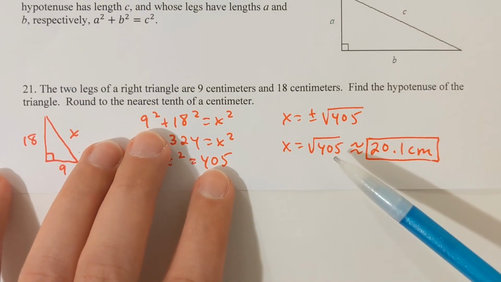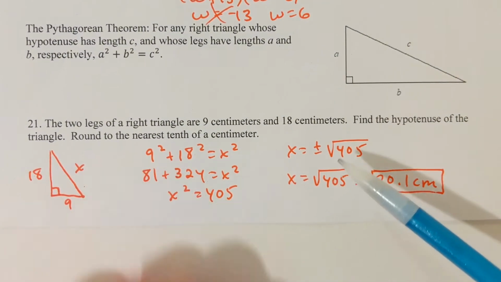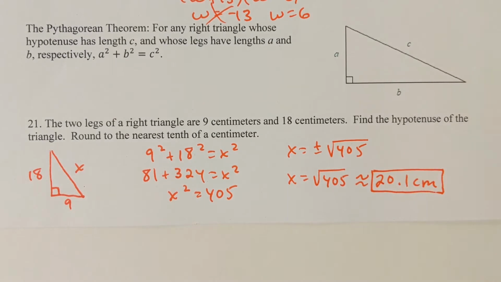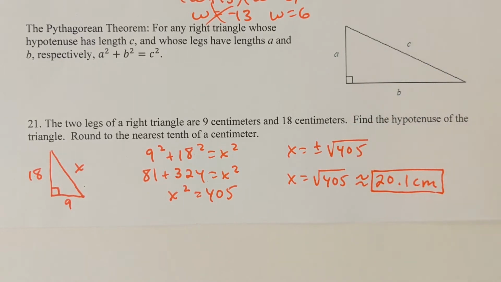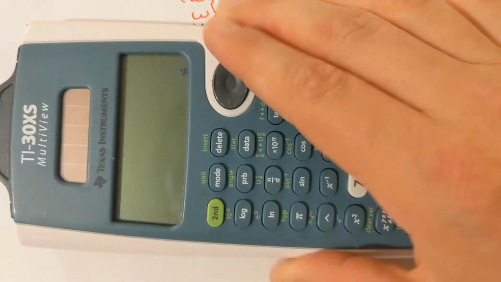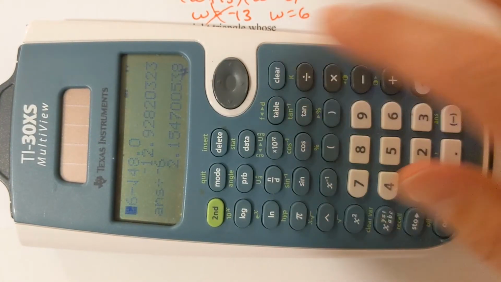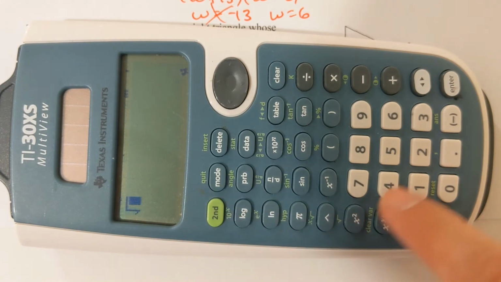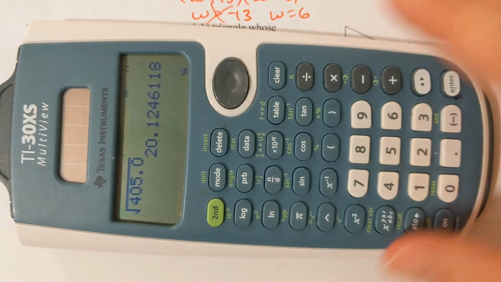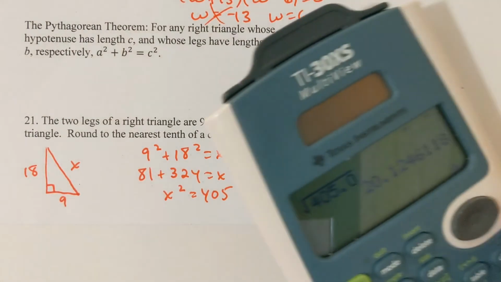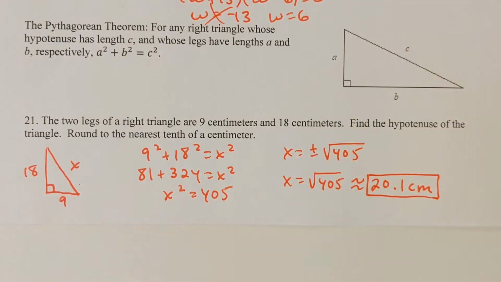I suppose in this problem, if we had accidentally forgotten the plus minus, that would be a rare time where that's okay. Then if you go to the calculator, the square root of 405 is 20.1, roughly 20.1 centimeters.